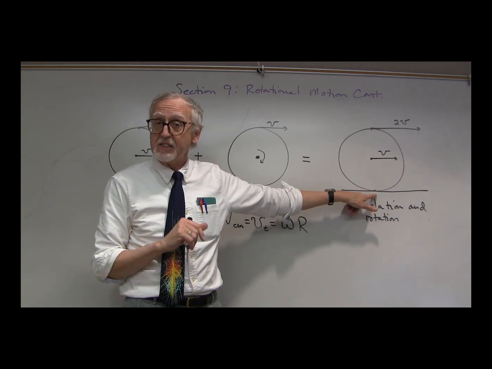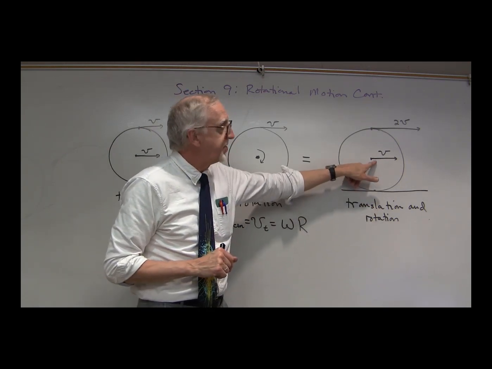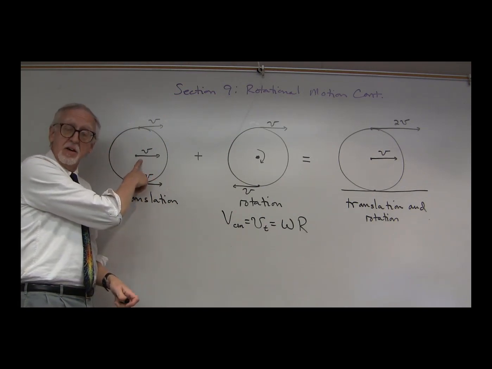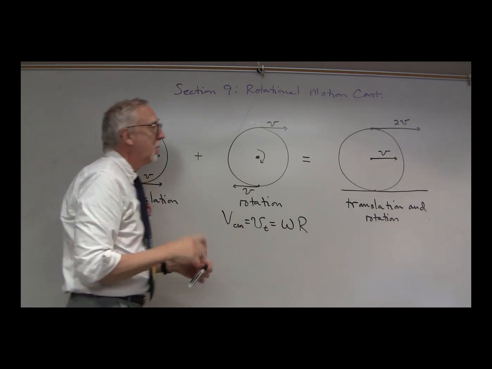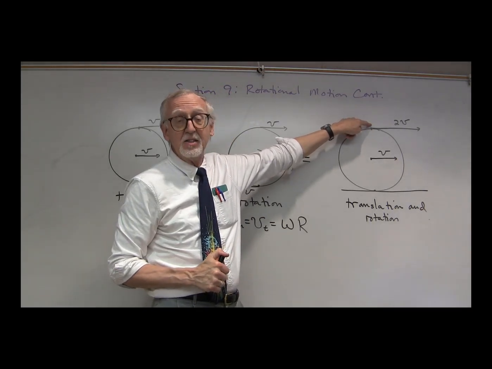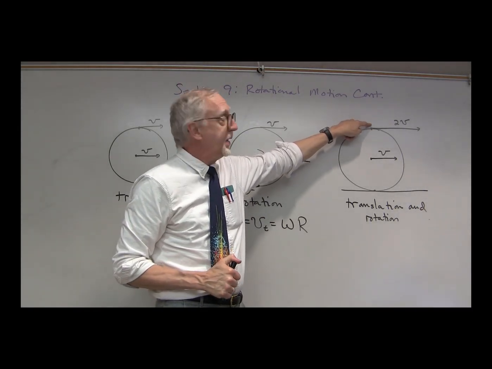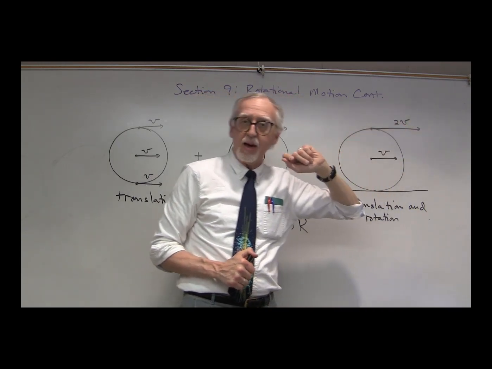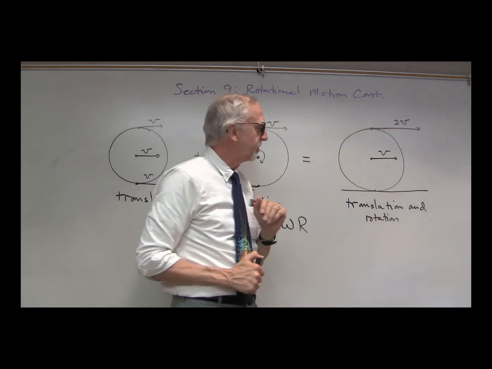So that's just what we might have guessed. But then the center of mass is moving to the right at the velocity of the center of mass, and a point at the top is actually moving at twice that speed. So whatever the speed of the center of mass is, the point at the top is moving at twice that rate. Okay, very, very interesting.